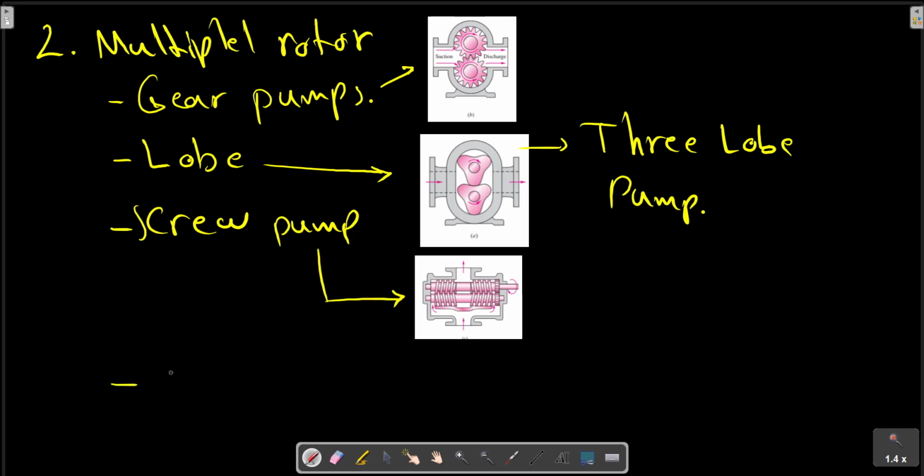And the last one in the multiple rotors is circumferential piston. An example is shown also in this picture.